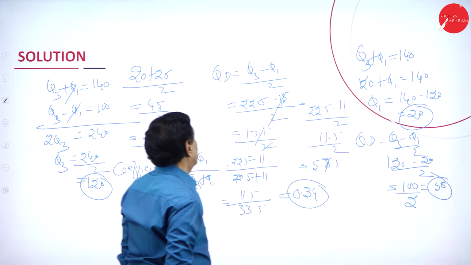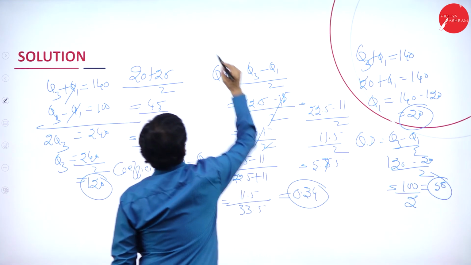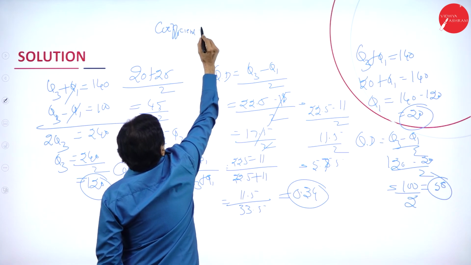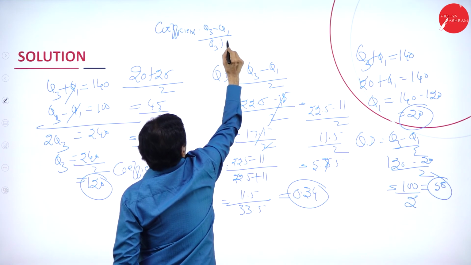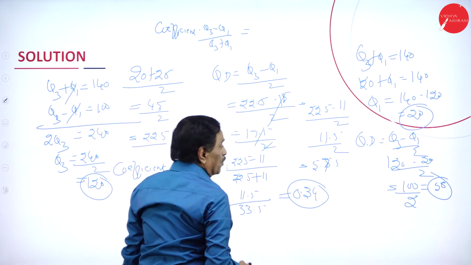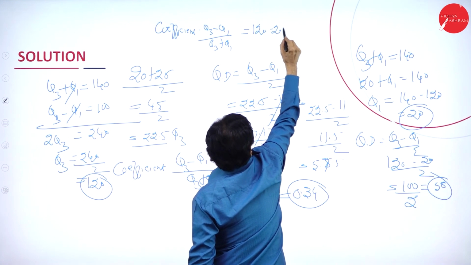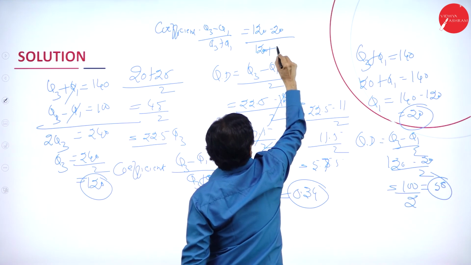Then you already find out coefficient. Coefficient: Q3 minus Q1 divided by Q3 plus Q1. What's your Q3? 120 minus 20 divided by 120 plus 20.